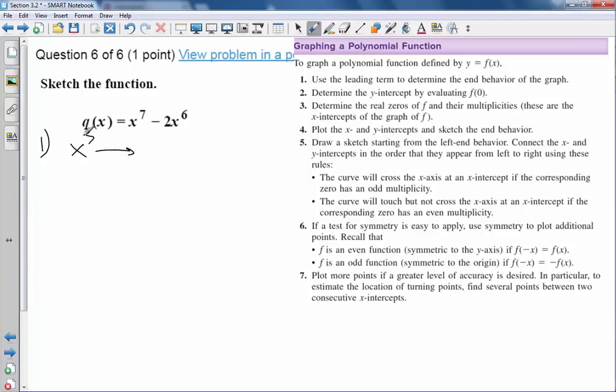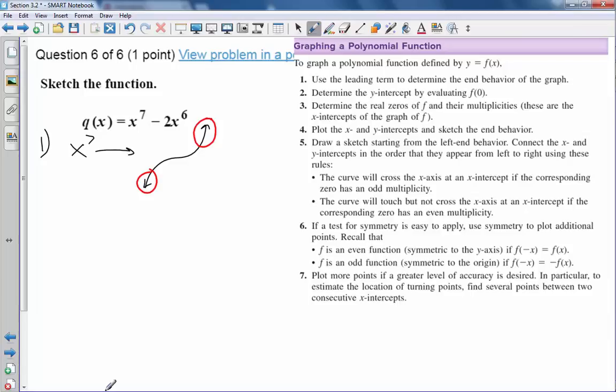It's odd, so it's not U-shaped. This graph is something like this. So the end behavior of this graph is that on the far right end, it's going to go up. On the far left end, it's going to go down.